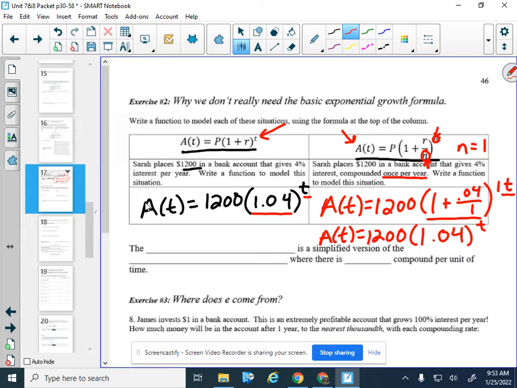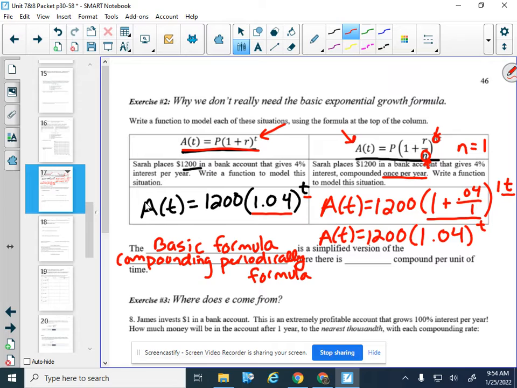Now, when you were in Algebra 1, the basic formula is all you learned because you didn't have to think about the complicated details. But the idea is, and we're going to write it down here, the basic formula is a simplified version of the compounding periodically formula, where there is n equals 1 compound per unit of time.